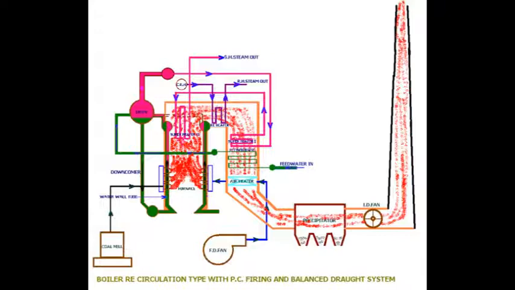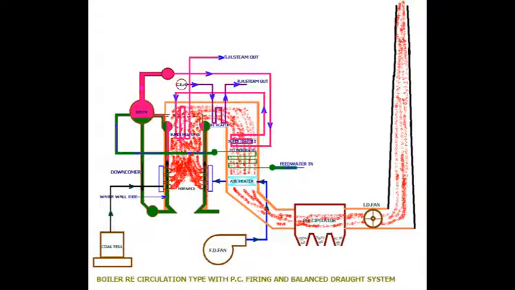Gradually the forced draft system, the FD fan system, was also incorporated, with the primary air supply system, and to evacuate the gaseous products of combustion the ID fan, the induced draft fan, was introduced so that it can take away the generated flue gas.